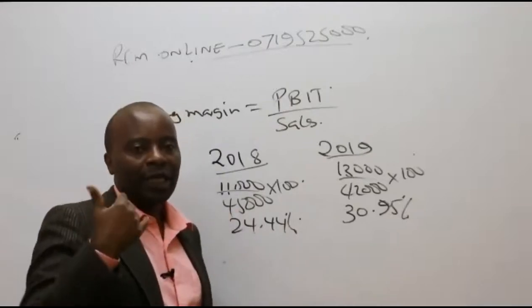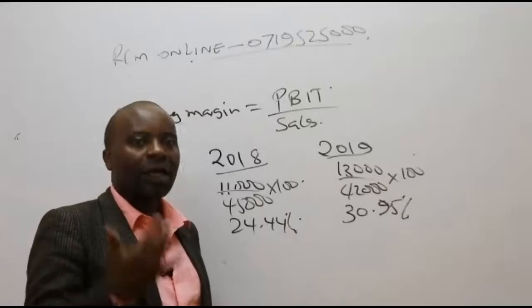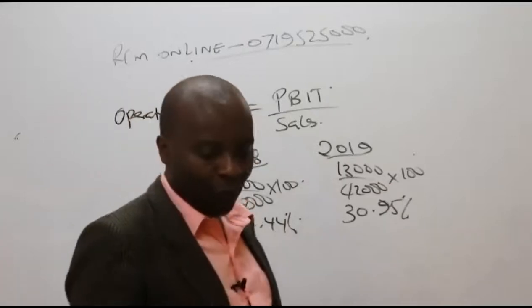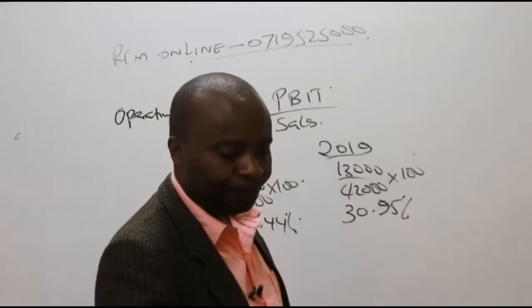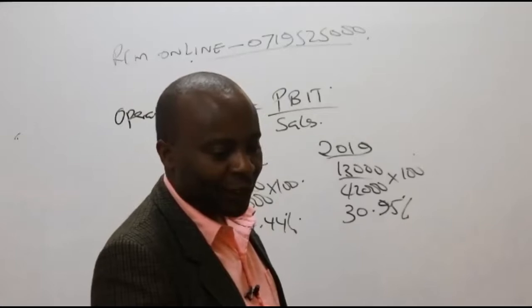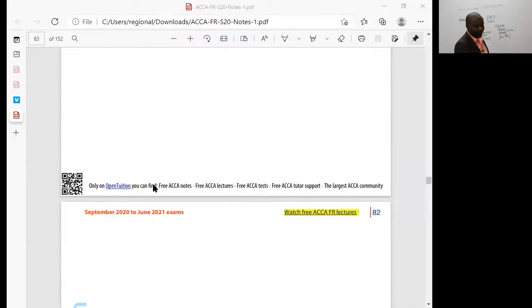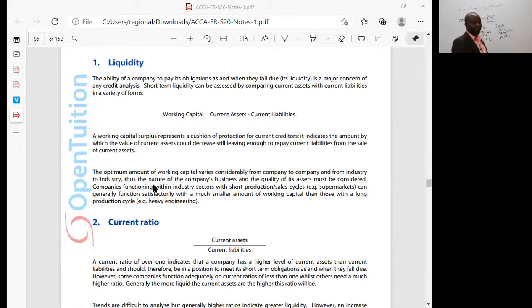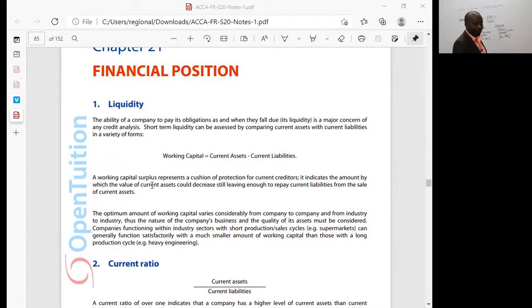So we made quite significant savings in the form of what here? In the form of operating expenses. I hope that is okay, which means that now I can go ahead and look at the liquidity ratios.